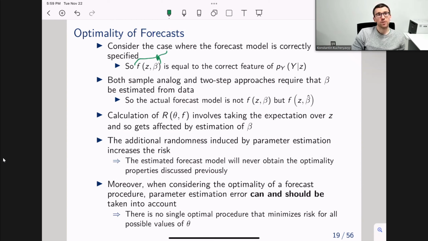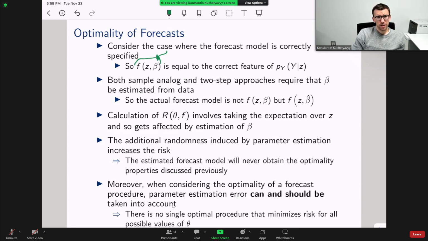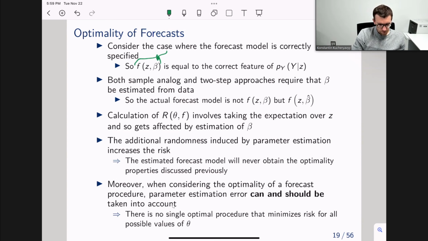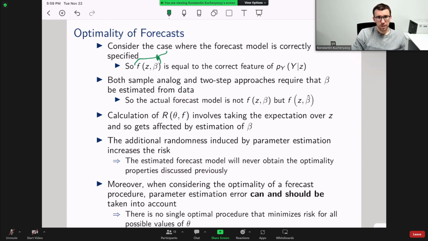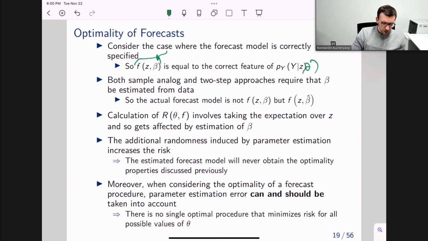So these are the parameters of the forecast model, not the theta ones that are the parameters of the data generating process. Suppose that this model is equal to the correct feature of the data generating process. It has to be theta here.